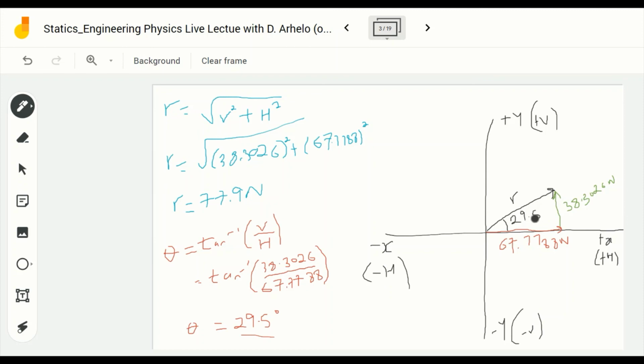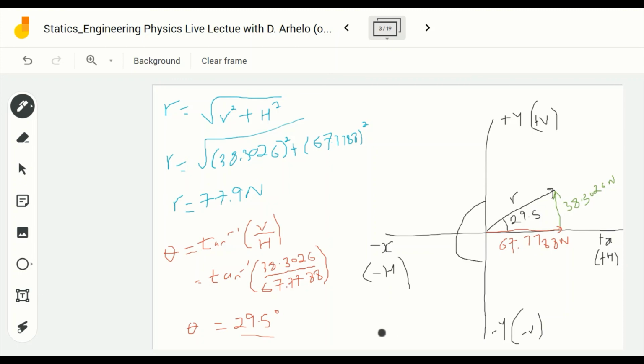Now, because the angle falls in this region, we will not subtract from 180. If our angle falls within the other region, we have to subtract from 180. But because our angle falls within the positive or the first quadrant, we do not subtract from 180.